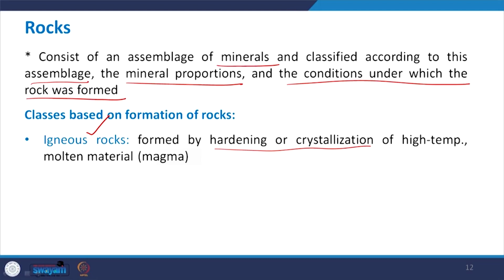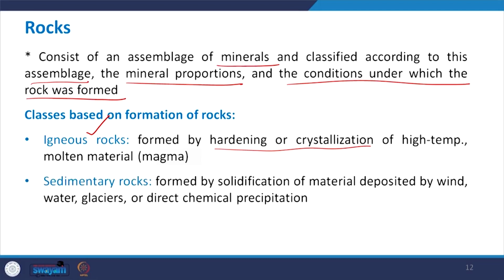The second type of rock is the sedimentary rock, which is formed by solidification of material deposited by various natural agencies, such as winds, water, or glaciers, or formed by direct chemical precipitation.